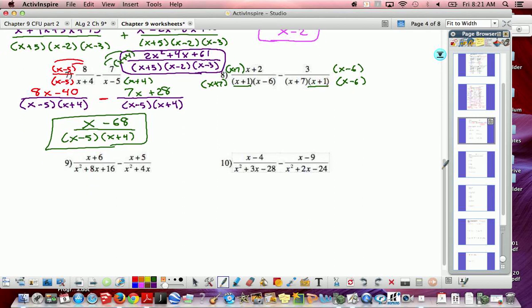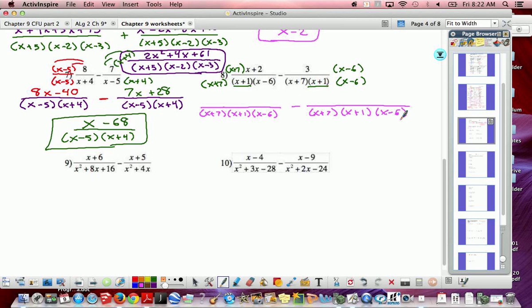So now I can write the common denominators. My common denominators are x plus 7, x plus 1, x minus 6, minus that same value, x plus 7, x plus 1, x minus 6.